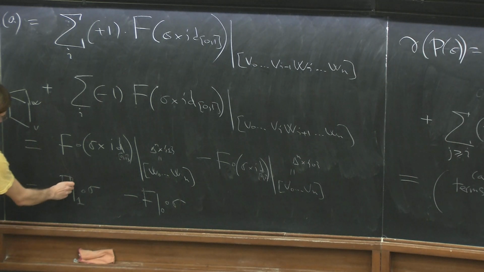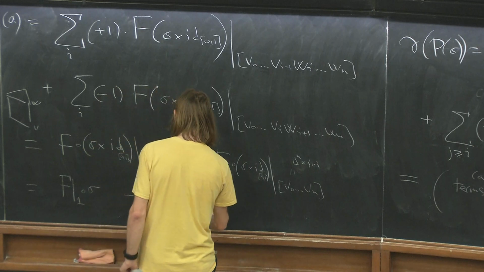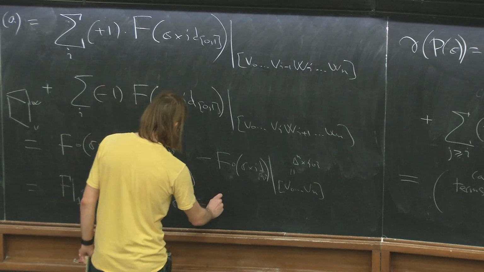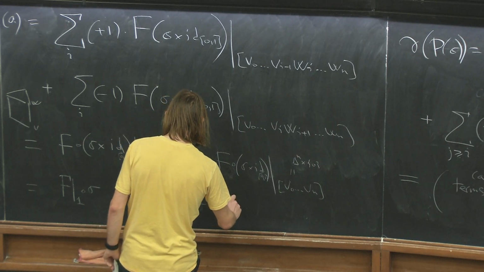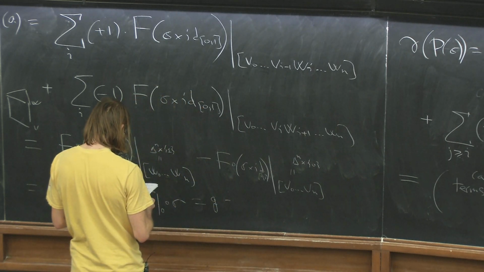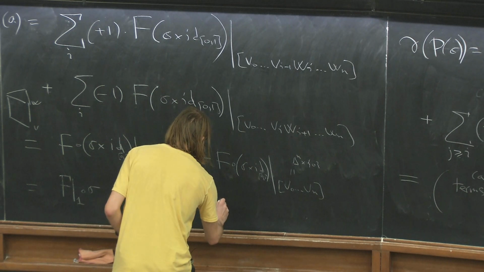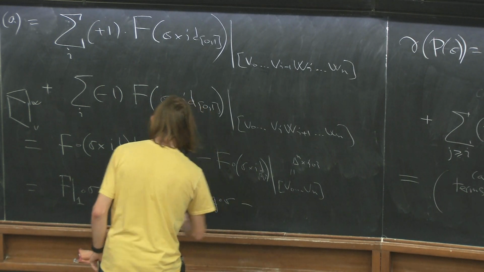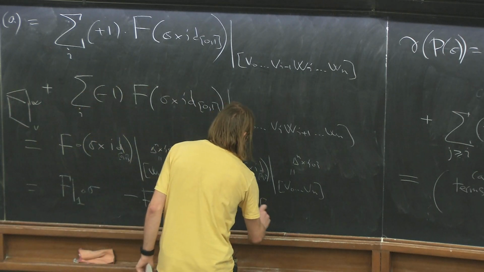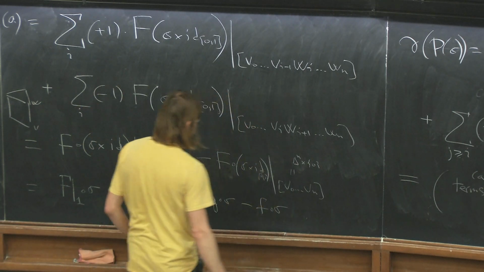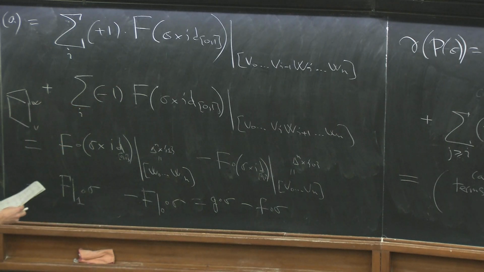But now we recall that f was our homotopy between a pair of functions from x to y. So this f restricted to 1 is just our g, which we still have to compose with sigma. And here, f restricted to 0 is just our f, composed with sigma.